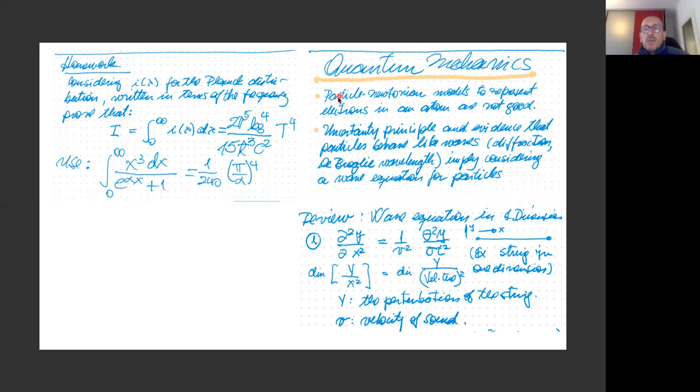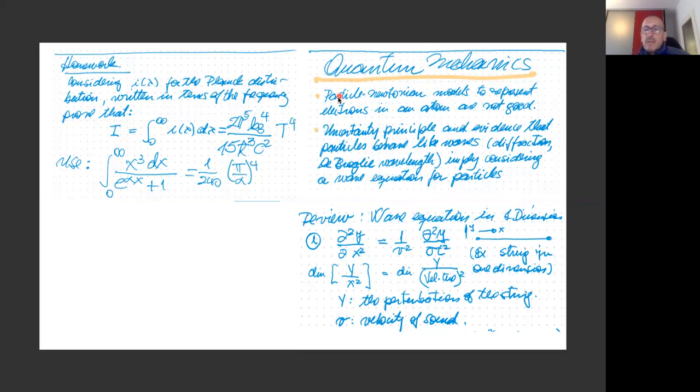Whatever we were doing before with Newtonian mechanics is not a good model to represent electrons in an atom. We have to verify that they somehow comply with the uncertainty principle, because there's evidence that they do that. So essentially, the electrons should behave somehow as waves.